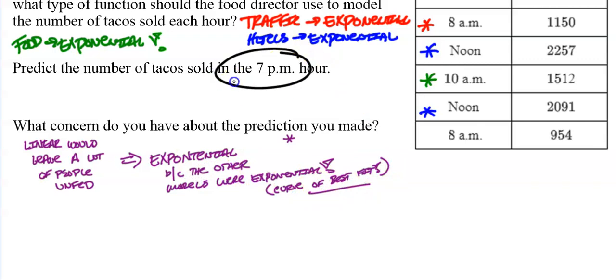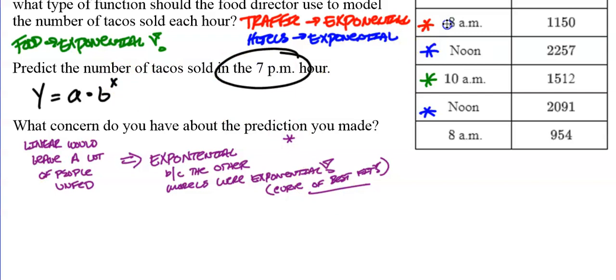So now for 7 p.m., Y is going to be the number of tacos sold. A is going to be our start value; we could start at 8 a.m. and see how many tacos we had. Then we have B to some value, and then we have time here, which is the number of hours.